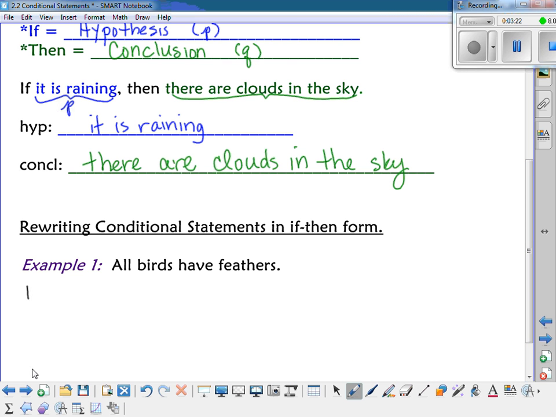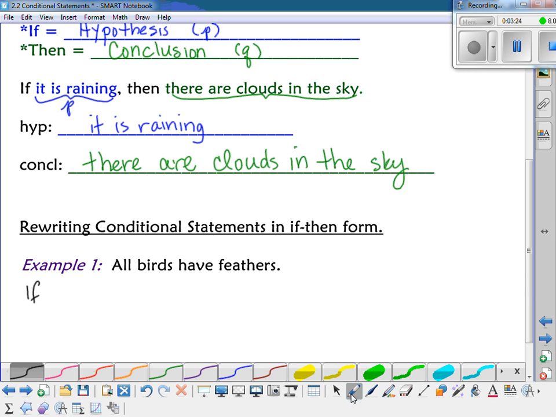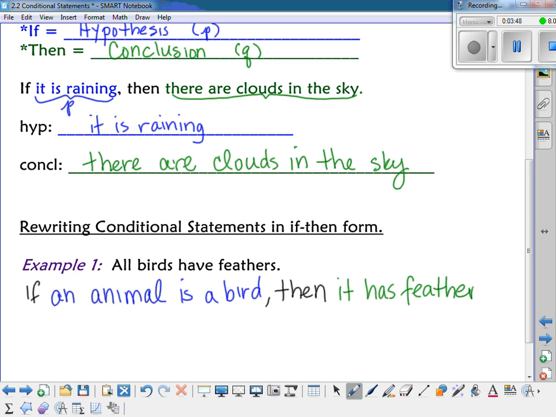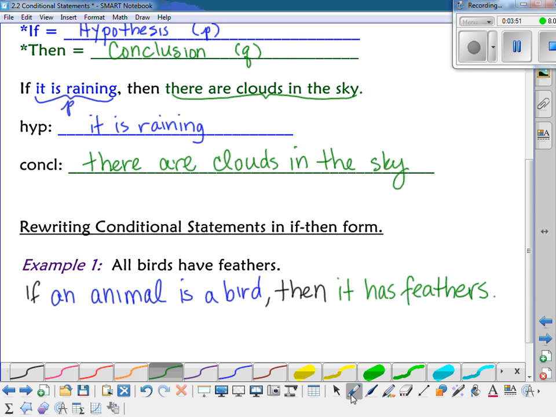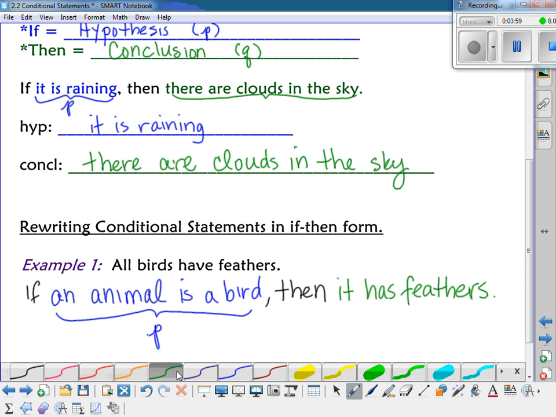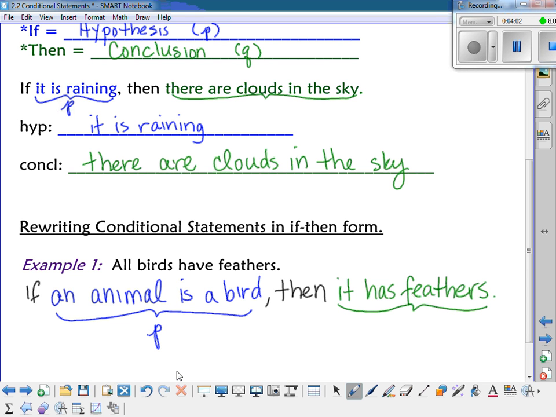If an animal is a bird, then it has feathers. So again, the part after the if, an animal is a bird, that is our hypothesis. It has feathers would be our conclusion.